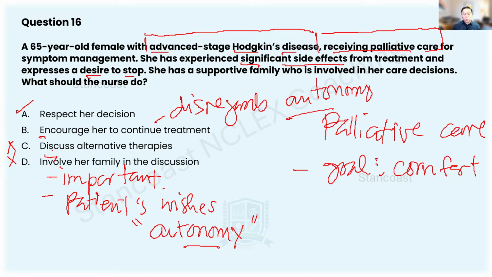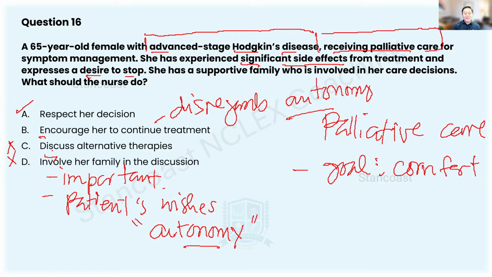It's because we want to basically respect their autonomy and also their decision. Okay, that is very important. We want to honor their wishes, and we want to make sure that they are receiving compassionate support. And again, this is our goal in palliative care, guys. Always comfort.